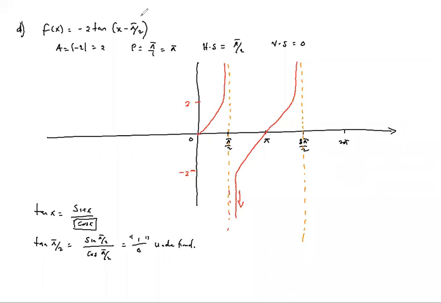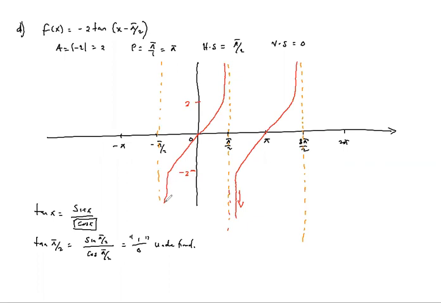So here it's negative pi over 2, negative pi. So I'll put another asymptote there. And so my graph, if I wanted to finish it that way, it could go that way.